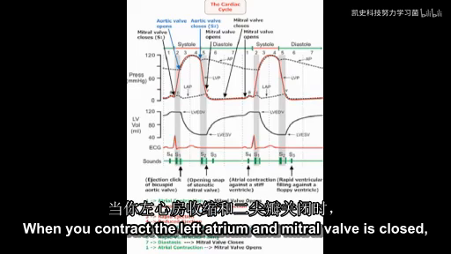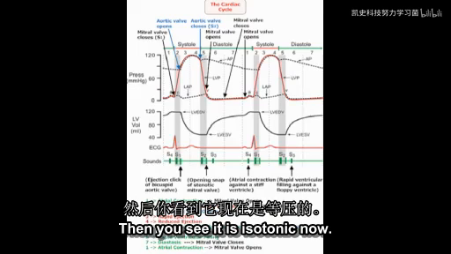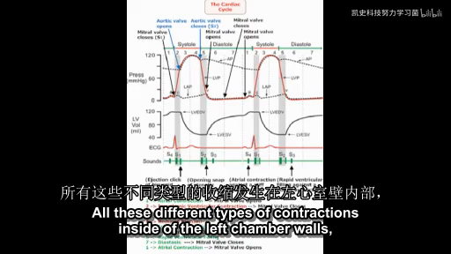When the contraction of the left atrium is finished, the mitral valve closes and the second generation of pressure starts inside of the left chamber, but it is isotonic now.